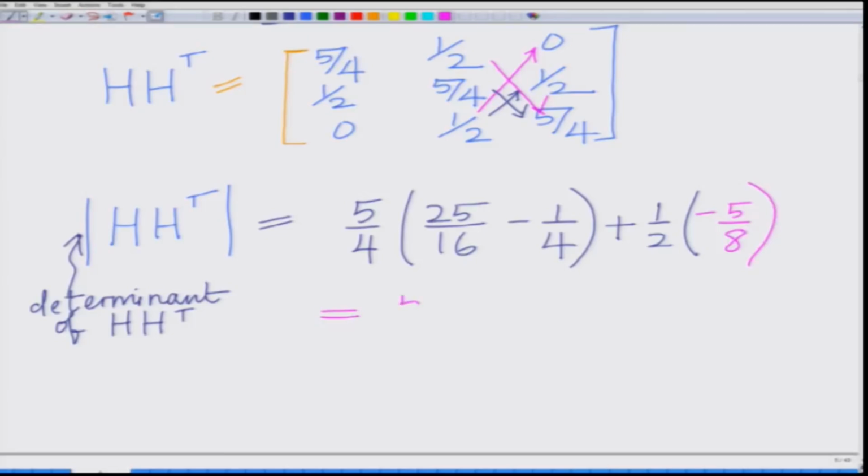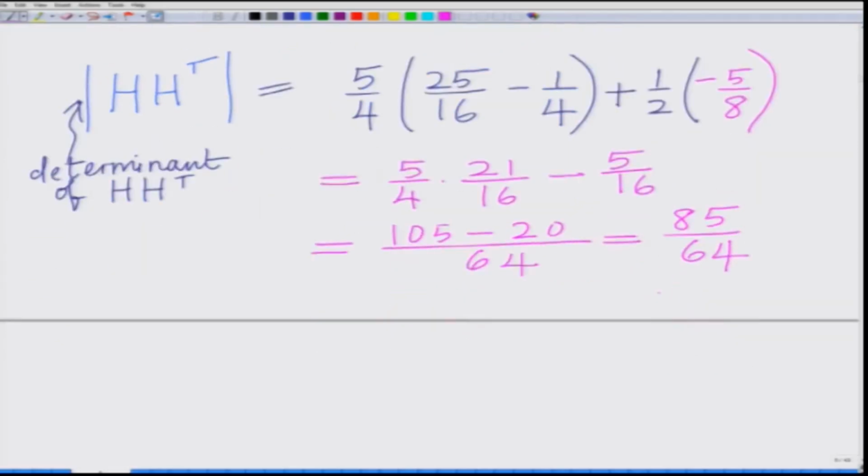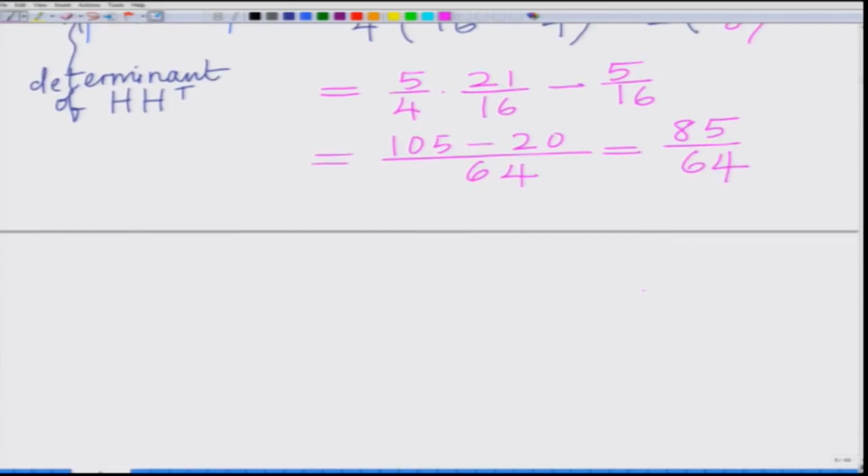That is basically 5 by 4 into 21 by 16 minus 5 by 16, which is equal to 105 minus 20 divided by 64, which is 85 divided by 64, that is the determinant. We have evaluated the determinant of this matrix H H transpose.